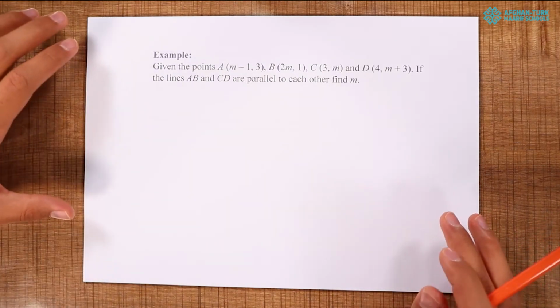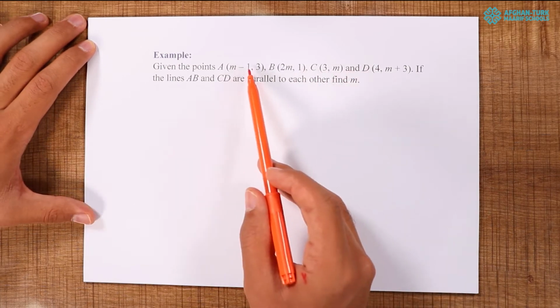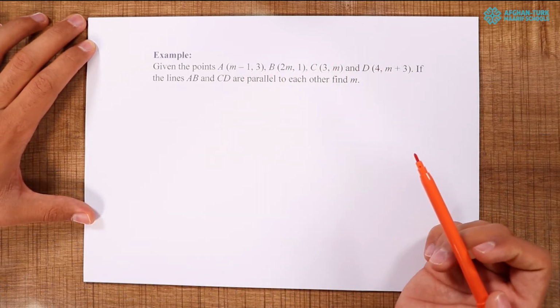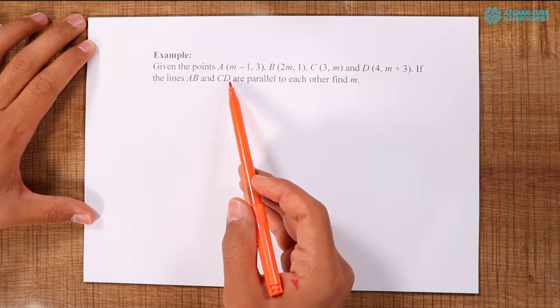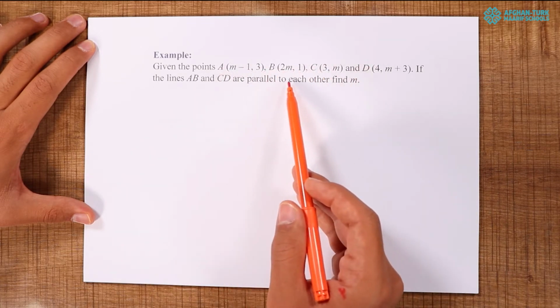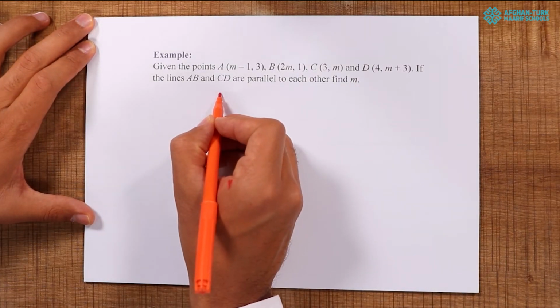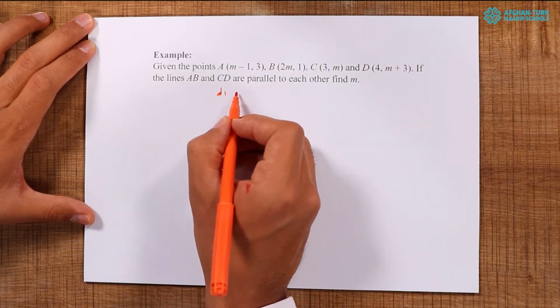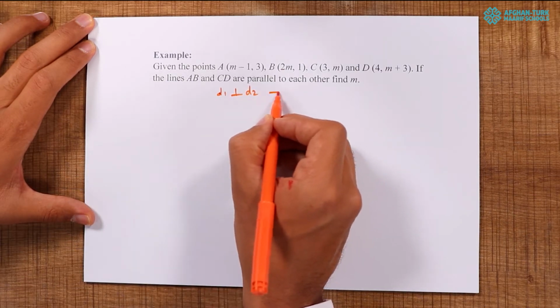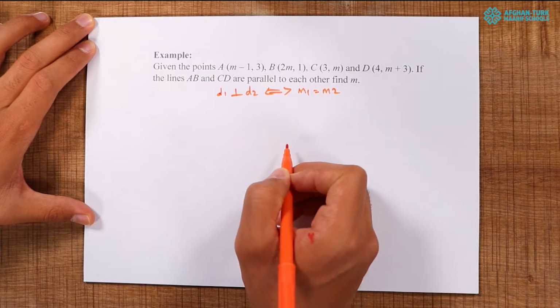Okay, example. Given the points A, B, C, and D, and these are the coordinates, okay? If the lines AB and CD are parallel to each other, find m. We have said that if D1 is parallel with D2, then M1 is equal to M2.